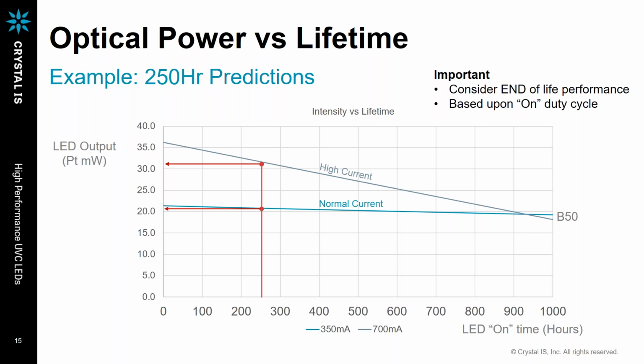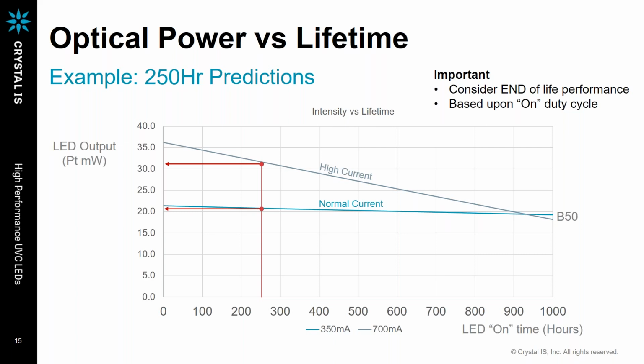So depending on the lifetime requirement, you can play around quite a bit with the intensity or the power output versus the lifetime. And you see the big difference when you go to much longer lifetime hours. If you compare 1,000 hours between the two, a high current product would have dropped from 37 milliwatts down to almost 18, 19 milliwatts.